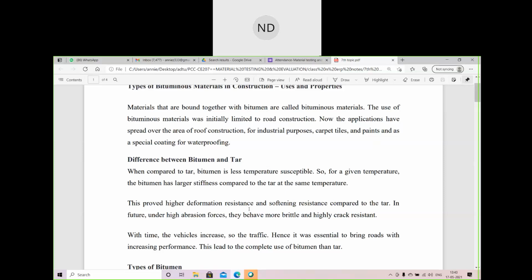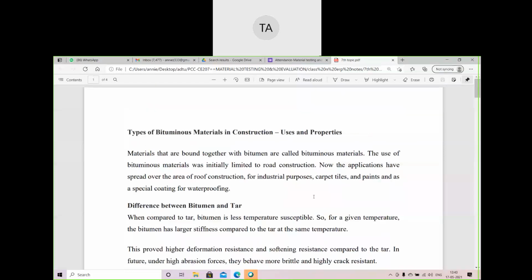Next class we will be doing types of bitumen. Ready mixed concrete, ma'am, till you have shared ready mixed concrete. Okay. I'll share after that whatever we have gone through in class, in PDF.